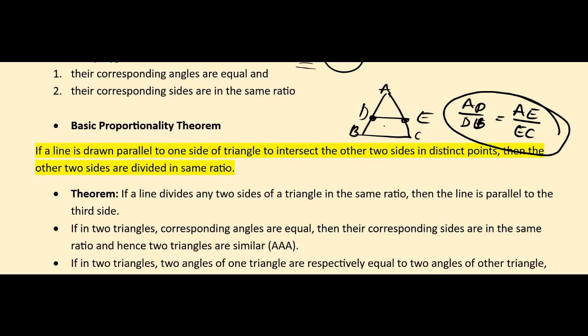The next theorem is the converse of the basic proportionality theorem. If a line divides any two sides of a triangle in the same ratio, then the line is parallel to the third side.